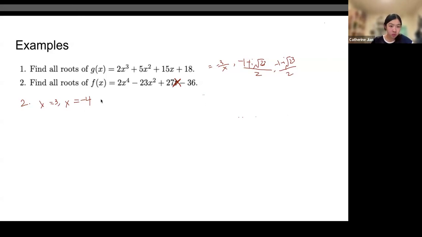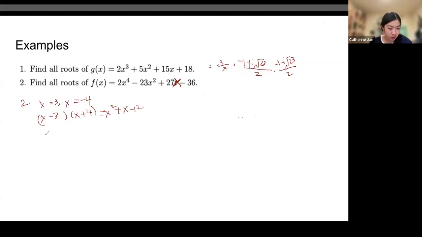So these two are the non-real roots, and that means that x minus 3 and x plus 4 are factors of this polynomial. We can expand this to get x squared plus x minus 12, and to get the quotient we can use polynomial division again.